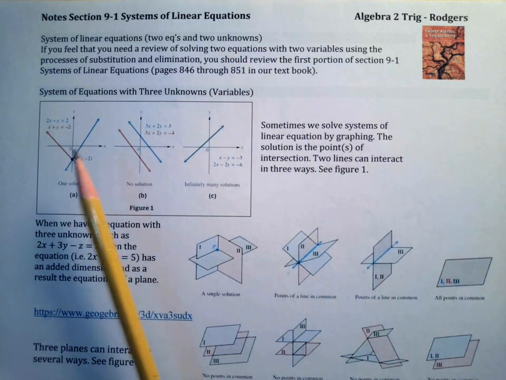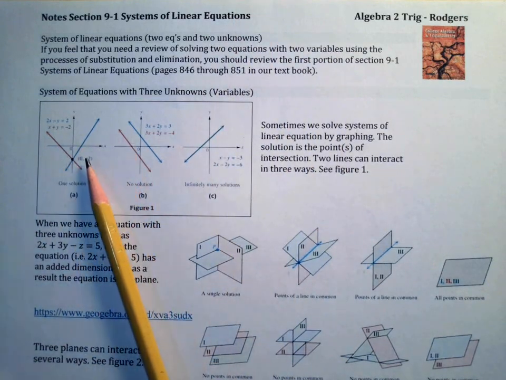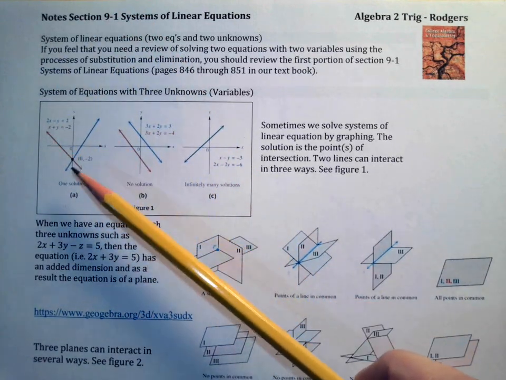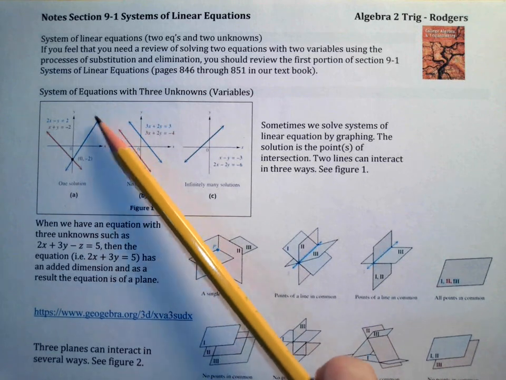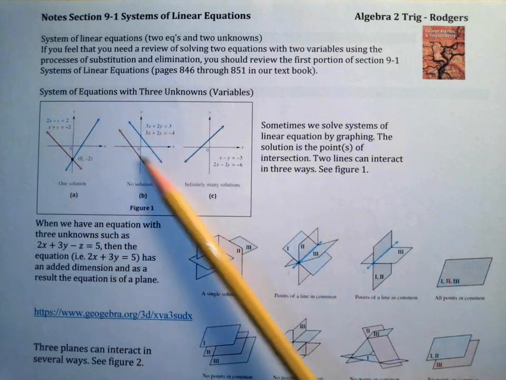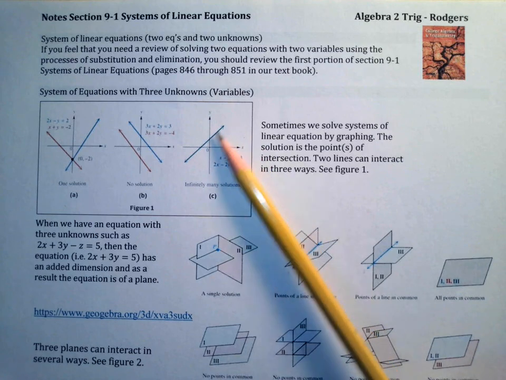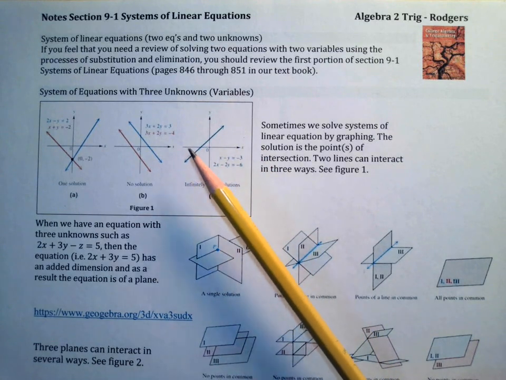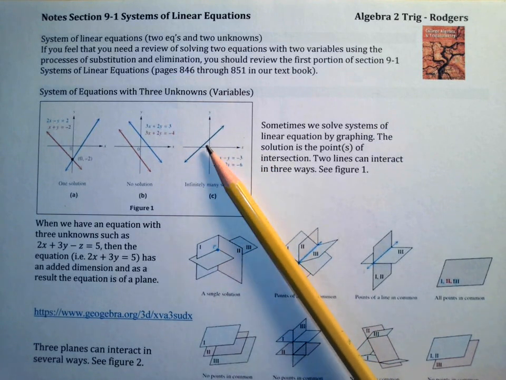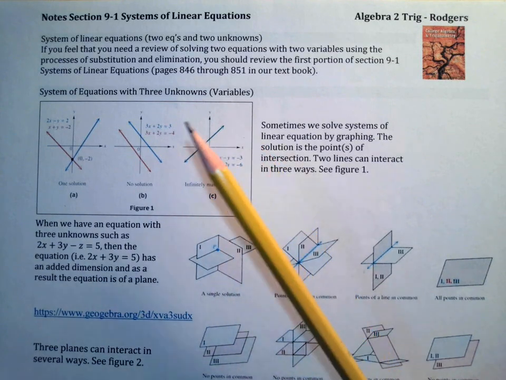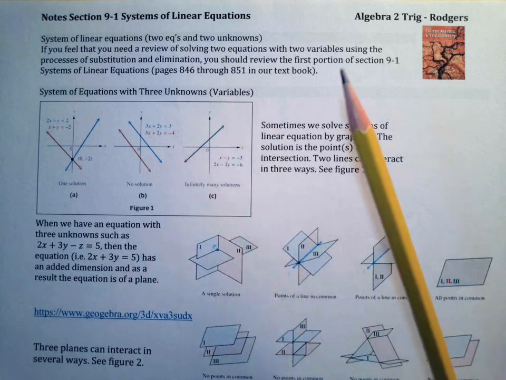Just to talk about that a little bit, when you had two linear equations, they either intersected at one spot, or the two lines were parallel, so they never intersect, so there was no solution to the system, or the two lines maybe didn't look exactly the same because they were in different forms, but the two equations actually generate the same line. So every point on one line is a solution to the system because the two equations are actually the same line.